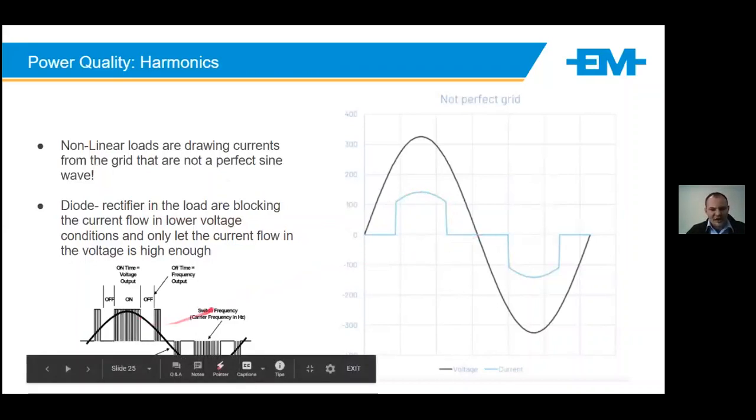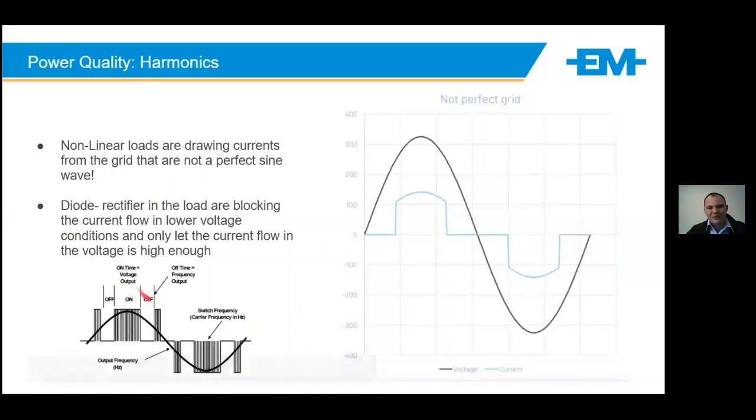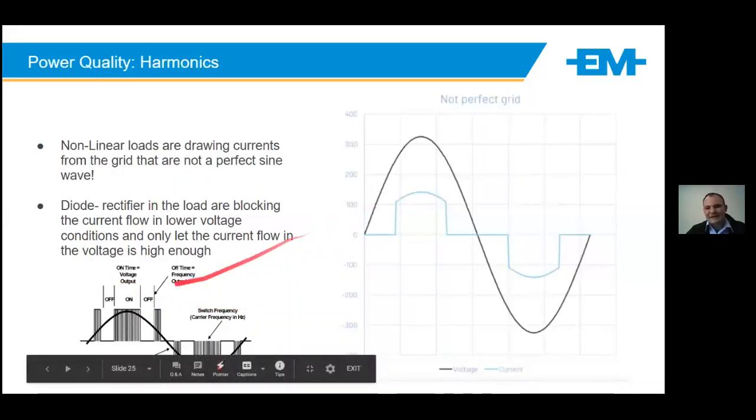In this diagram, from a variable speed drive extract, we have an on time, and only at this on time is voltage output applied at the right point, and current is allowed through. And that's what the waveform would look like.